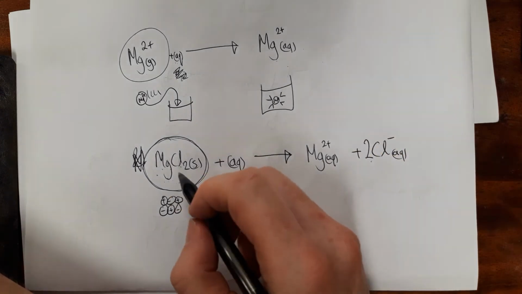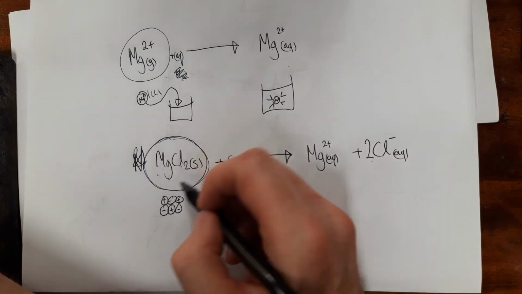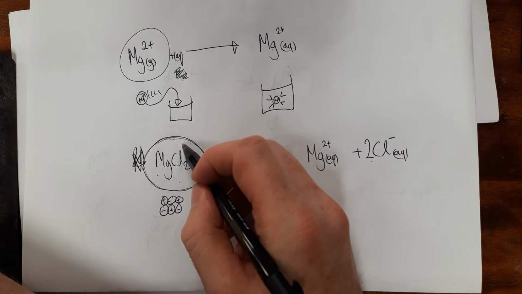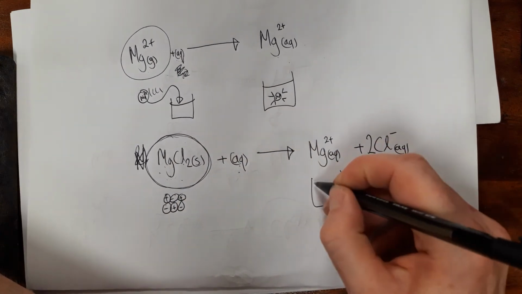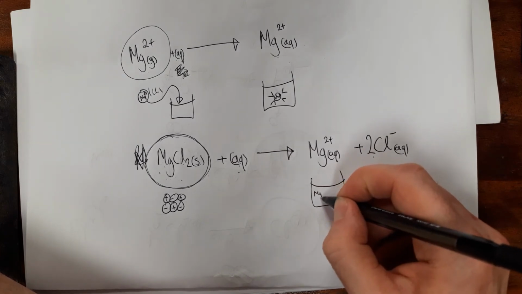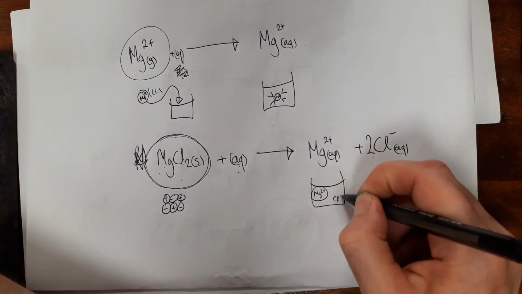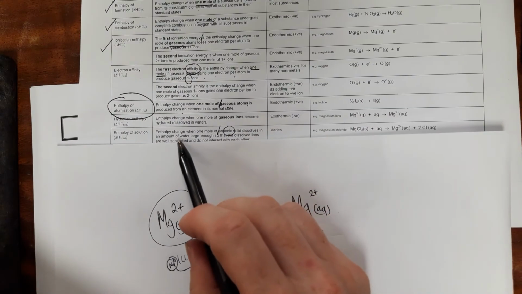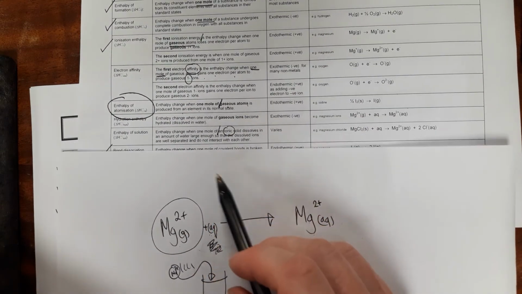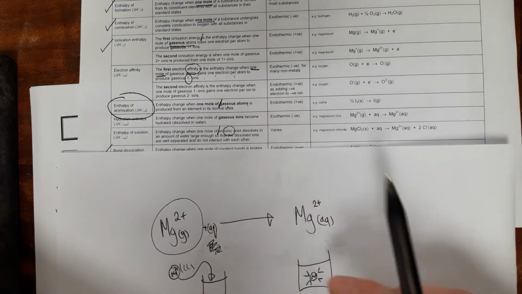So what this means is you take an ionic solid, maybe like some salt on the table, some kitchen salt, table salt, you dissolve it in water and you make a beaker full of Mg2+ ions and Cl- ions. This bit of the definition that says, in an amount of water large enough so the dissolved ions are well separated and do not interact.